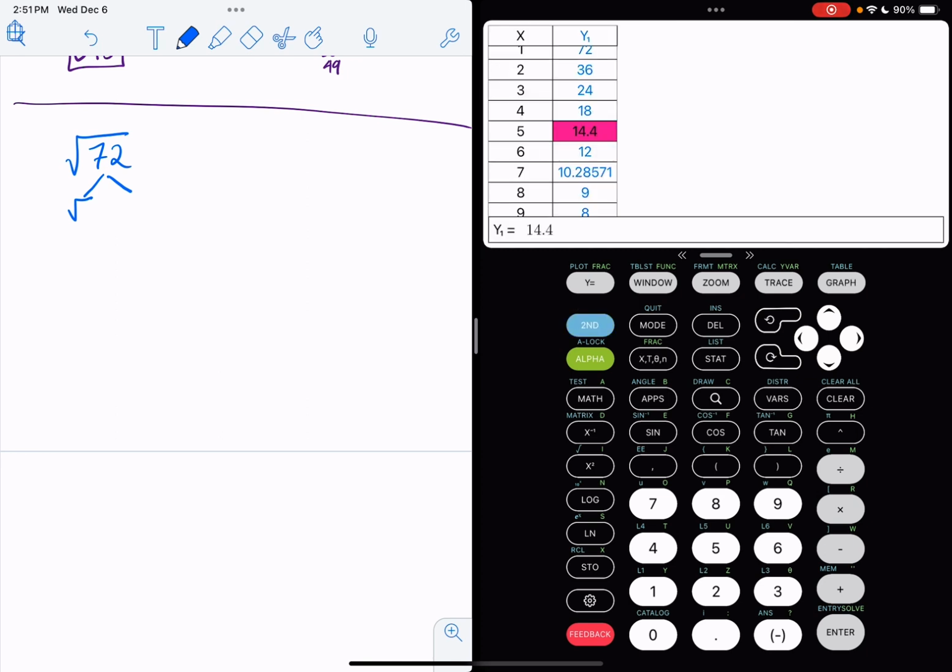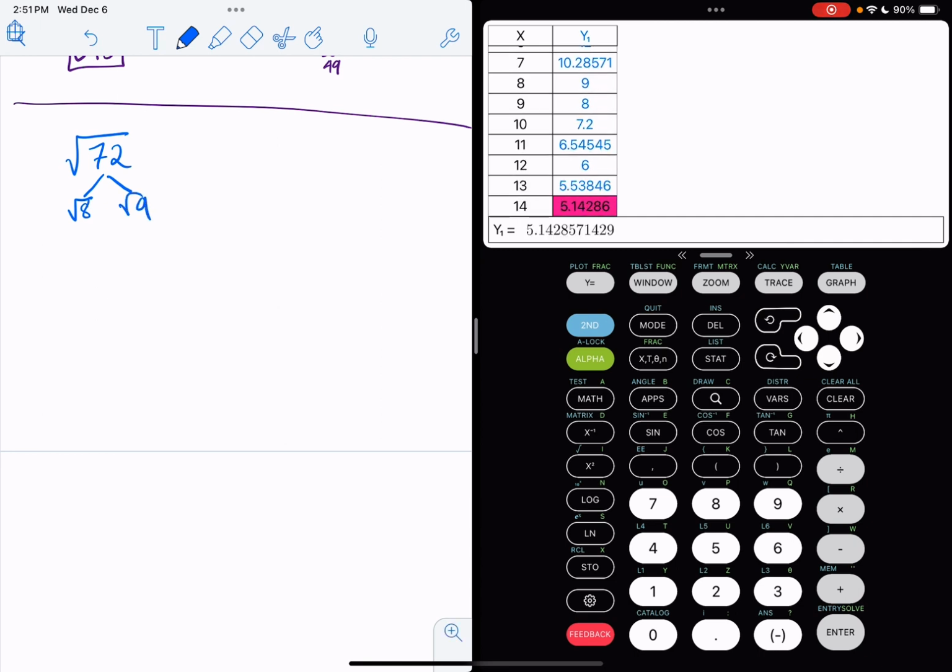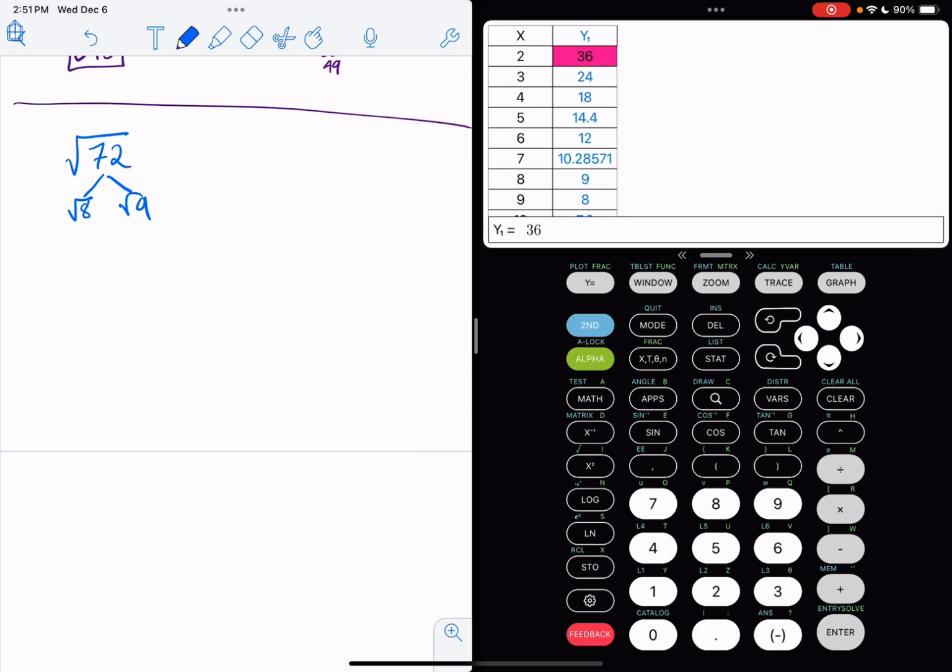So one of them is 4 and 18. Then we have 8 and 9. Okay, we want to look for bigger ones, and I'm actually going to talk about why we look for that bigger one. So if I keep going, I feel like there was one earlier. There we go, 2 and 36.